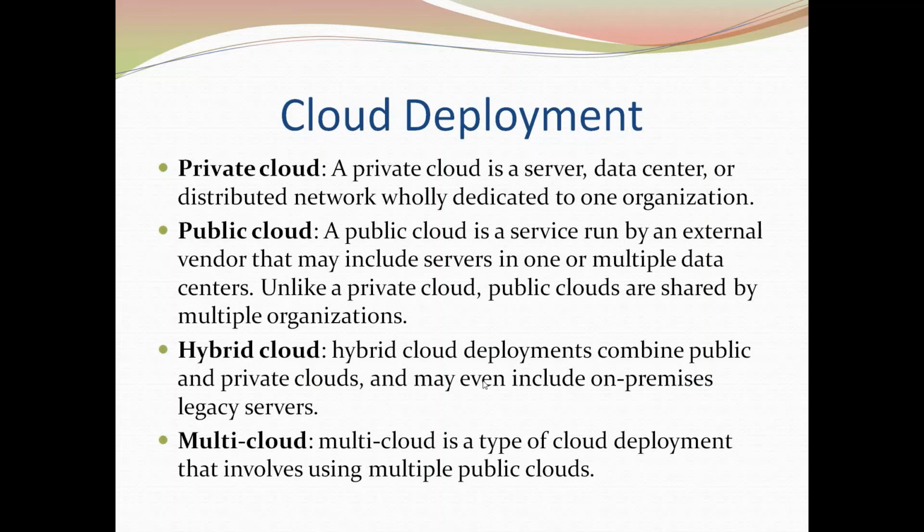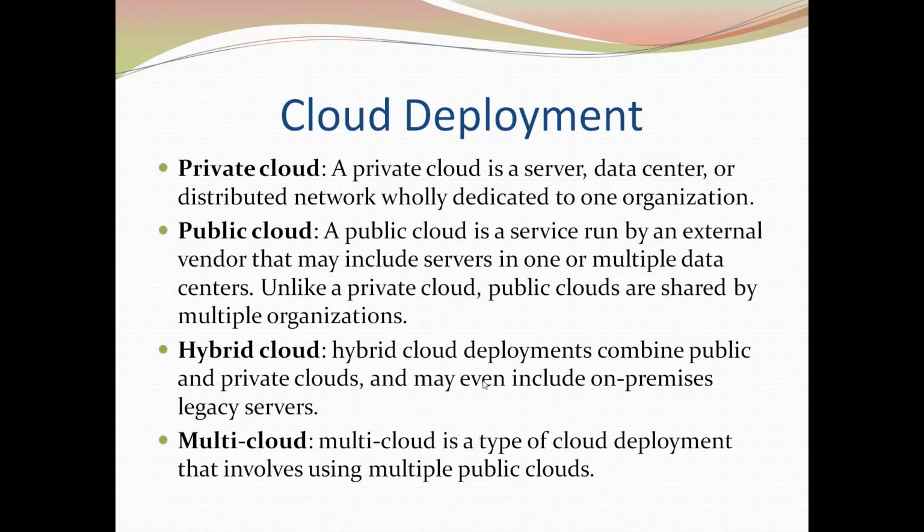Now, where can this cloud be deployed, and what are the various techniques of deployment of the clouds? There are mainly four cloud deployment ways or techniques, such as the private cloud, public cloud, hybrid cloud, and the multi-cloud. From the name itself, that is a private cloud, one can understand that the servers are meant for a particular organization.